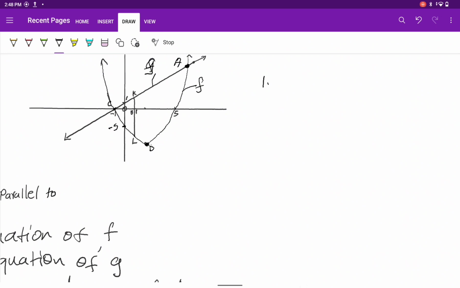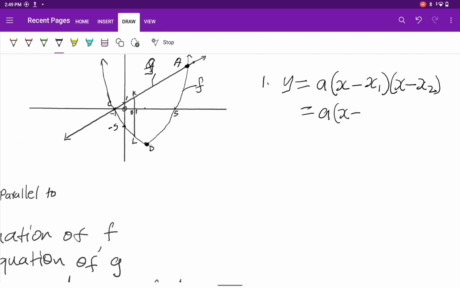Because we are given the x-intercepts and 1 point, we are going to use the equation y equals a times (x minus x1)(x minus x2). Let's substitute the x-intercepts first.